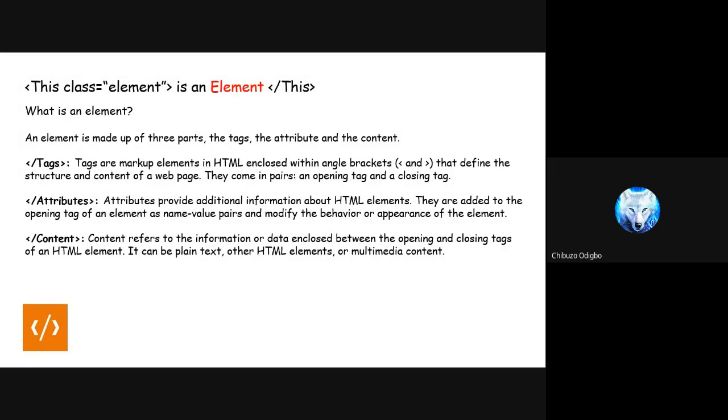They are added to the opening tag of an element as name value pairs, and they modify the behavior or appearance of the element. The content specifically refers to the data or information that is enclosed between the opening and closing tags. It can be either plain text or other multimedia content.